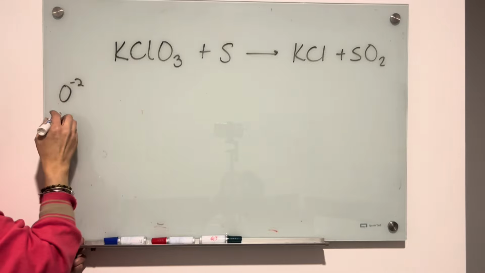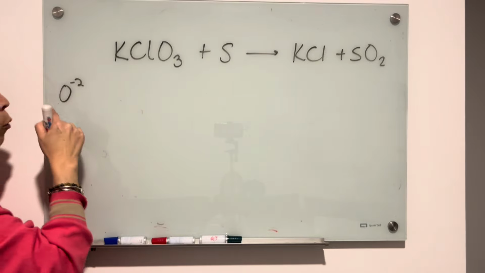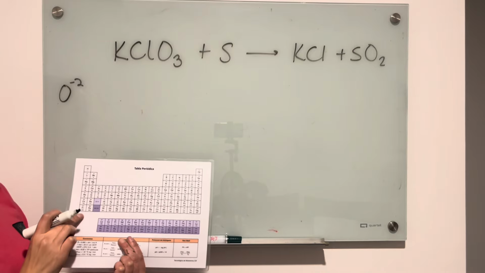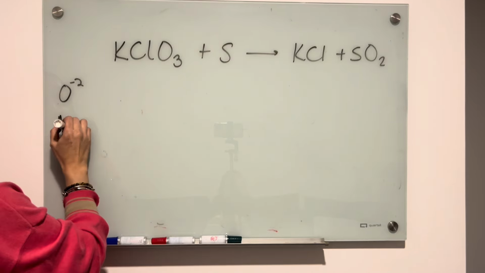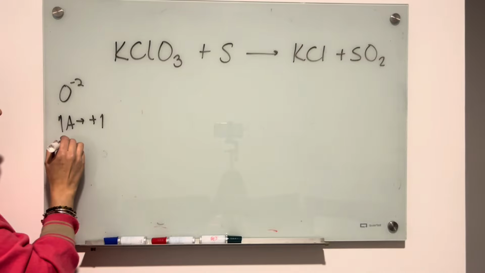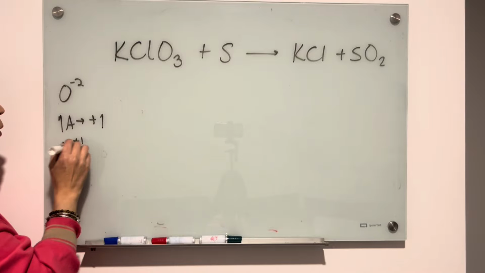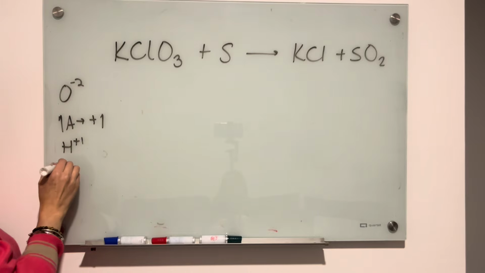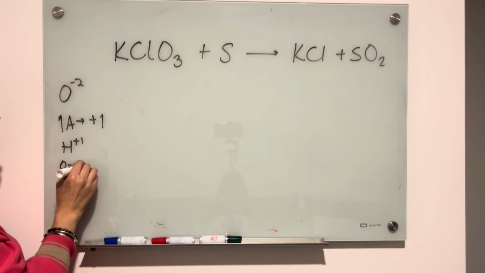Here we need all the elements of group 1A, the alkali metals, which are always +1. Also hydrogen is +1, and all the elements that are not combined with another element have an oxidation number of 0.